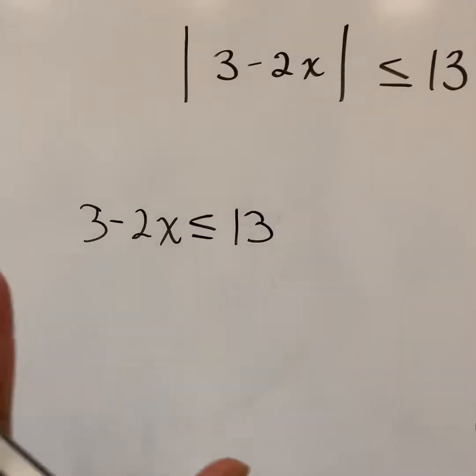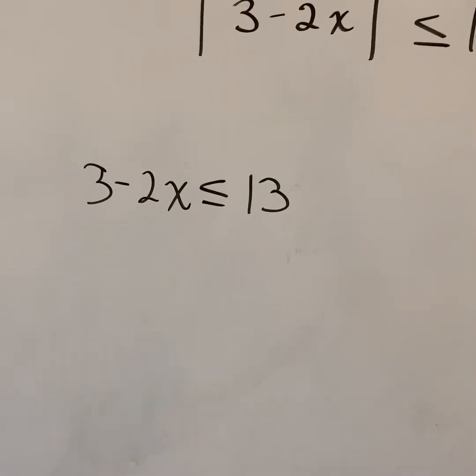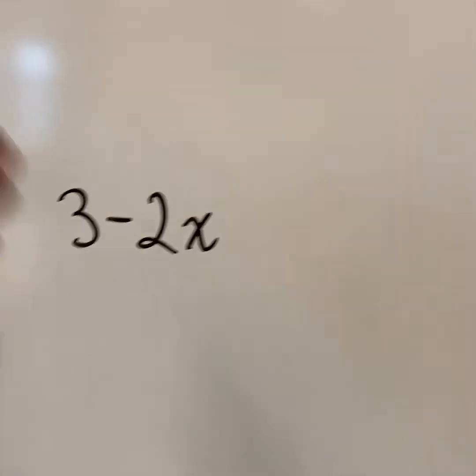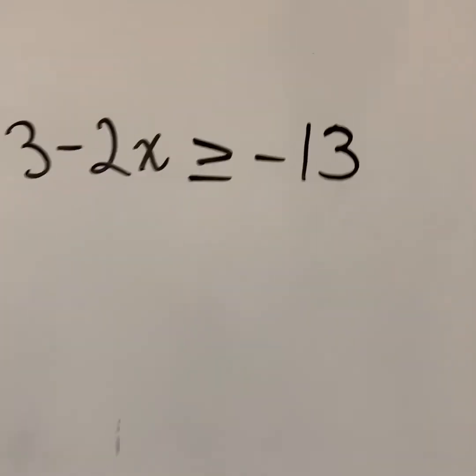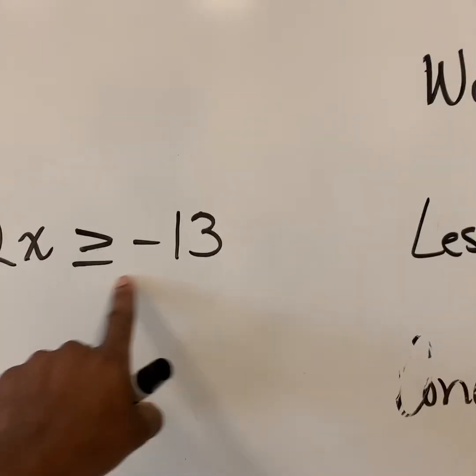That's what happens when we think about it as it is. But remember, we have a whole other negative to think about, right? So we have to think about, okay, what about the 3 minus 2x? What happens if I flip all that and think about the negative of it? Because when I apply the negative, this is what happens.